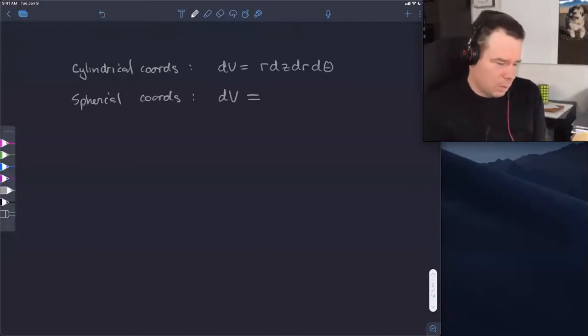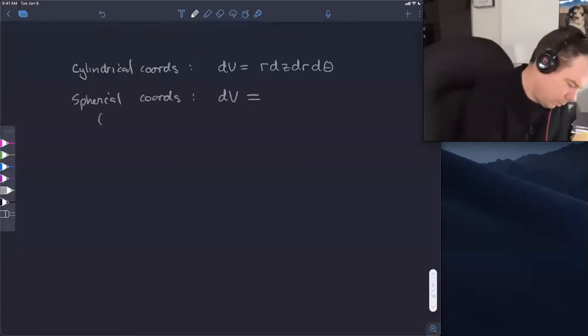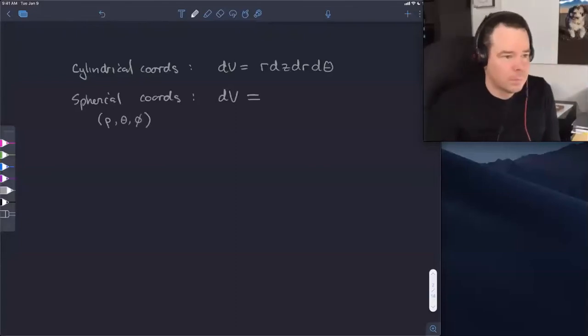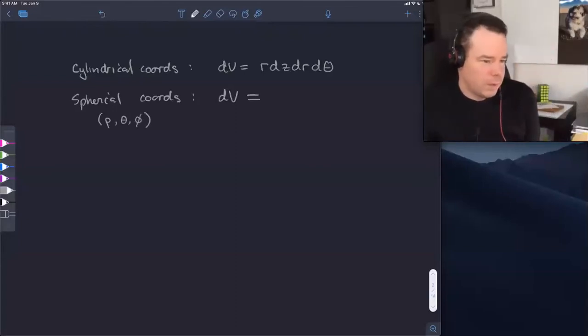In spherical coordinates, what is our volume element dV given by? Another 30 seconds to fire in your response.